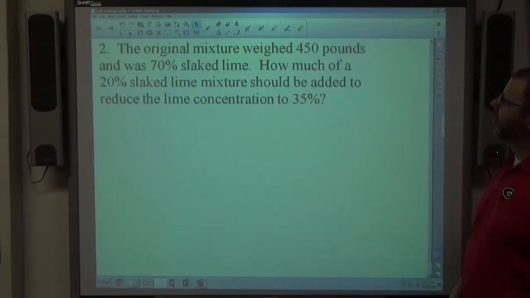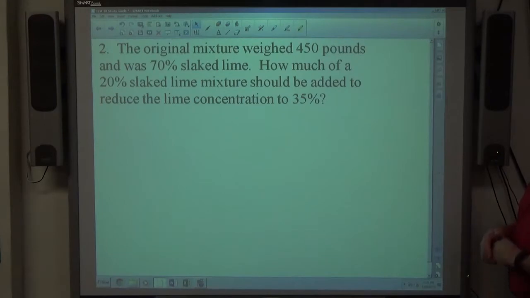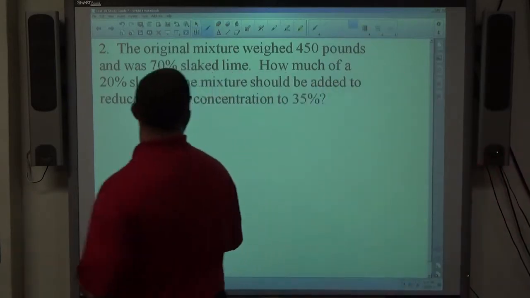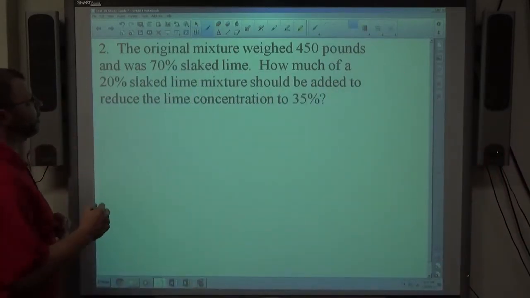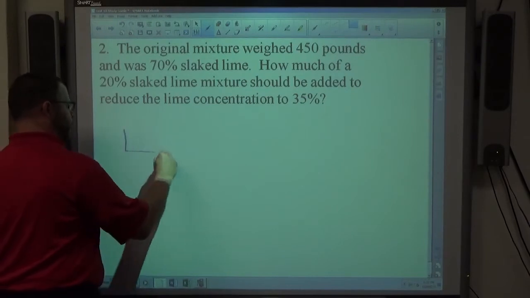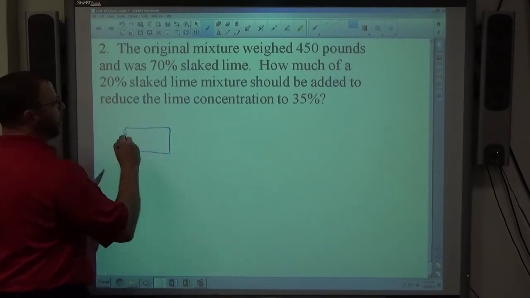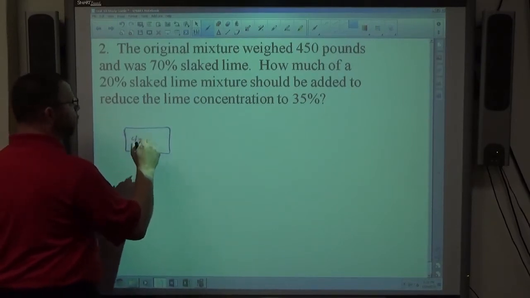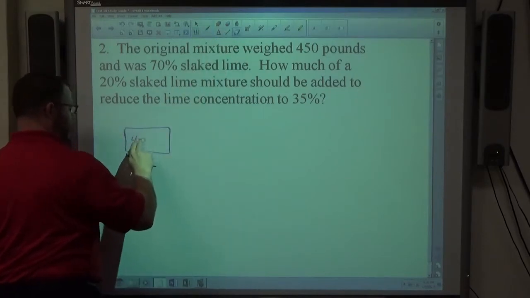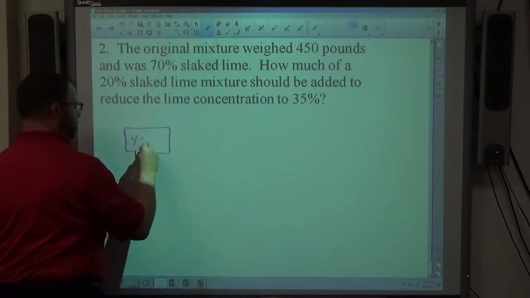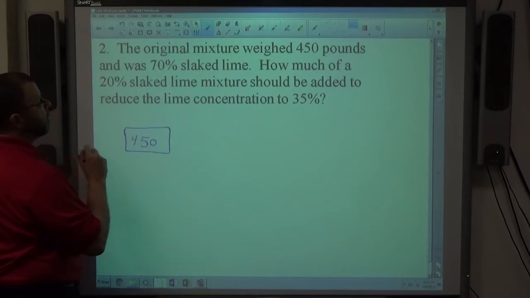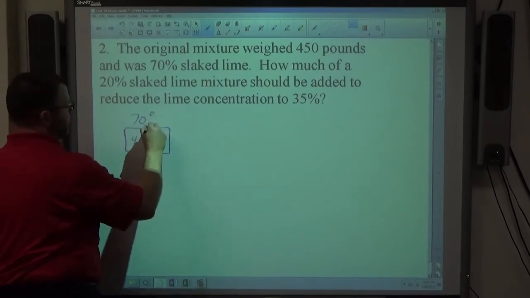Number 2, the original mixture weighed 450 pounds and was 70% slaked lime. We're going to be adding a 20% slaked lime mixture to reduce the concentration to 35%. So here's a situation where we start off with a given amount of mixture. So our initial setup is we have 450 pounds of 70% slaked lime.